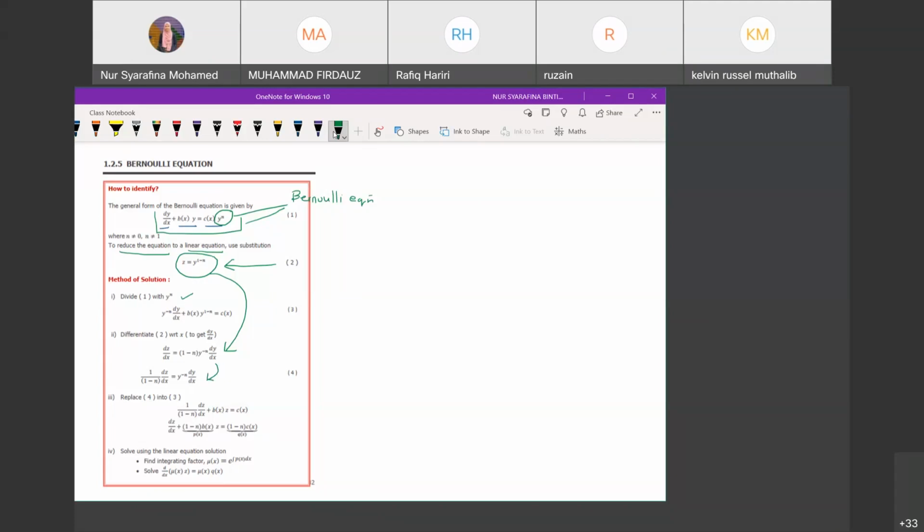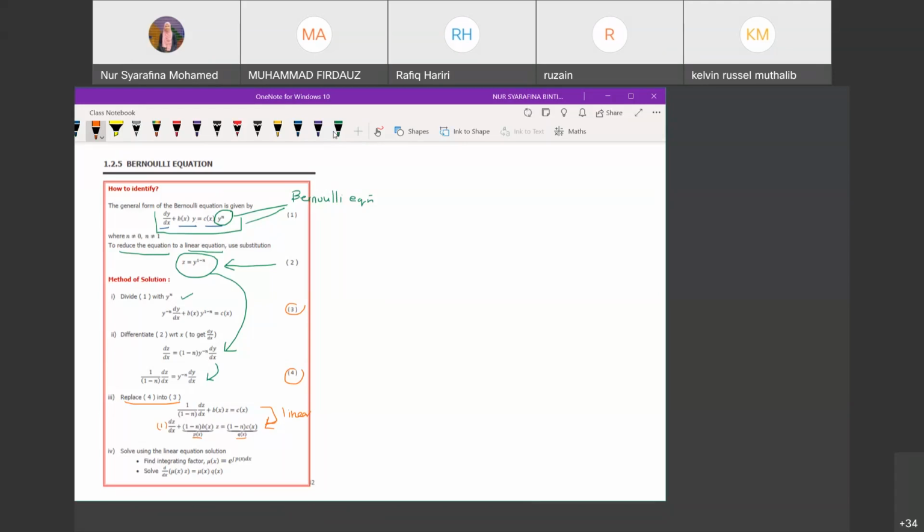And then what you can do from here is to substitute, to replace this 4 into 3. And then what we have here is now a linear equation, where you have your p(x), you have your q(x), while the coefficient of dz/dx equals 1.